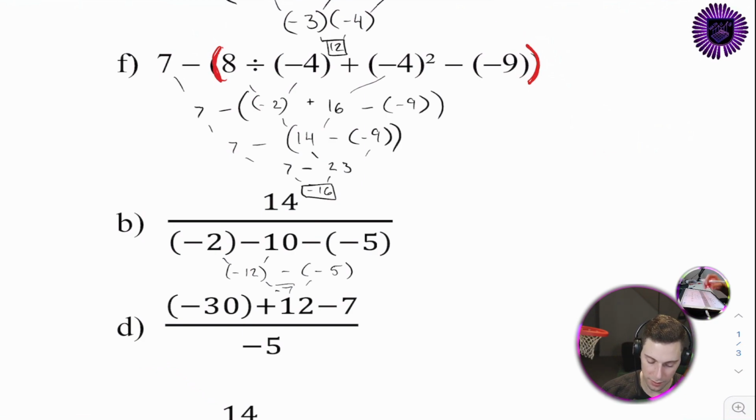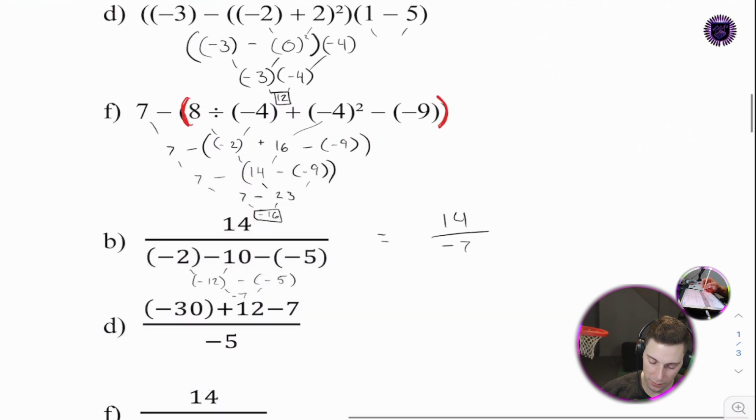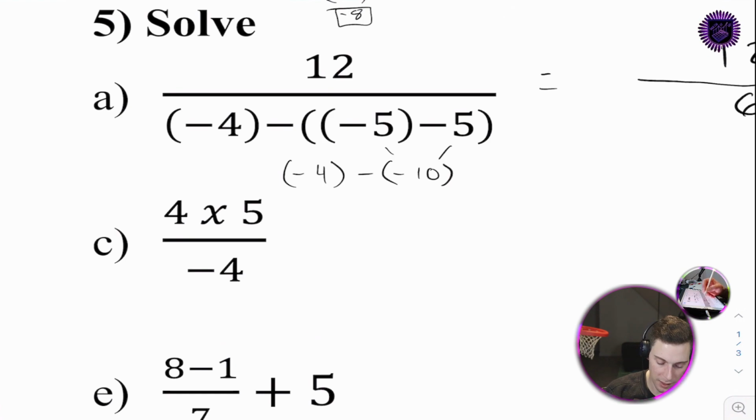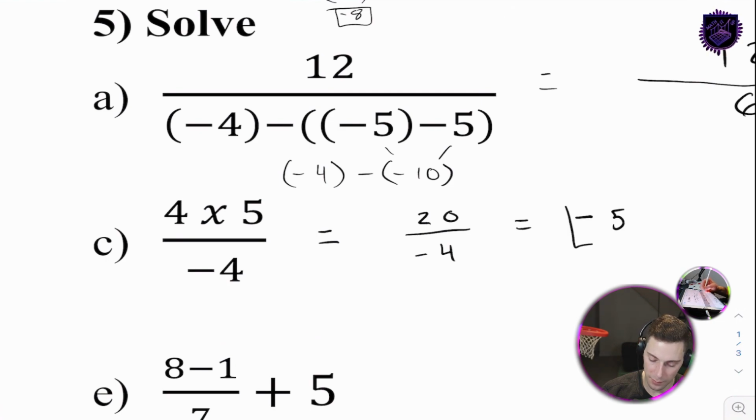That's not my answer, so I'm not going to circle it, but it's going to be equal to 14 over negative 7, which is going to be equal to negative 2. That's my answer there. 4 times 5 is going to be equal to 20 over negative 4, which is equal to negative 5. That's my answer.